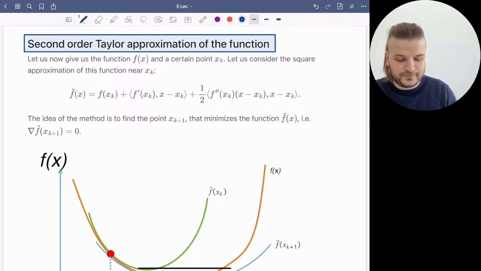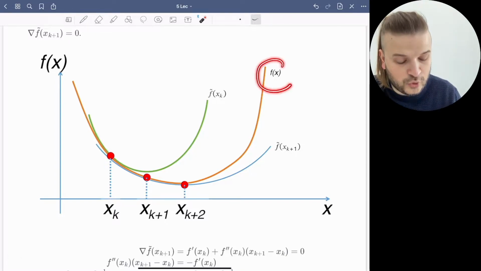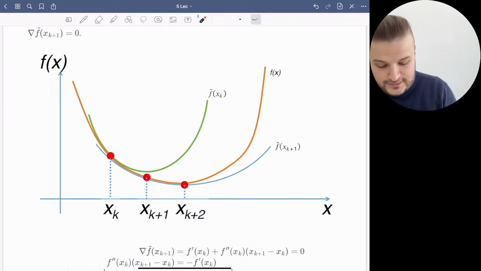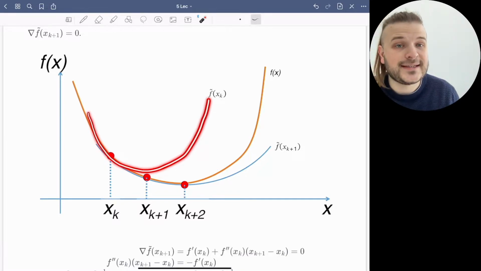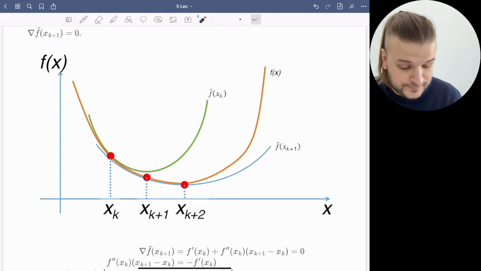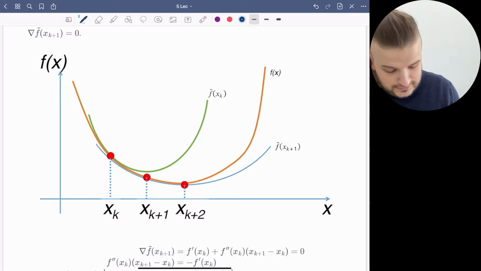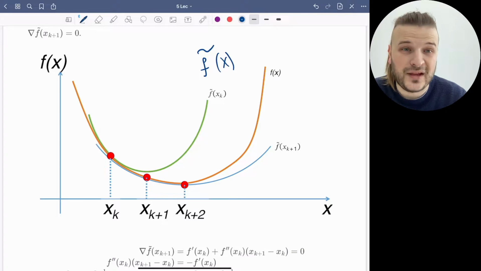And again, imagine that we have a function f from x, which is orange here, and we can build a local second order parabolic approximation of our function, which will be called, let's say, f with this wave from x, but this approximation is built around xk.